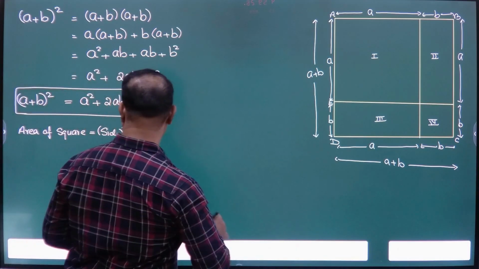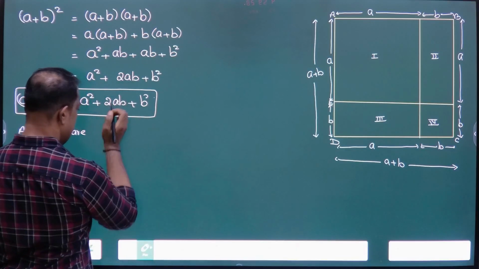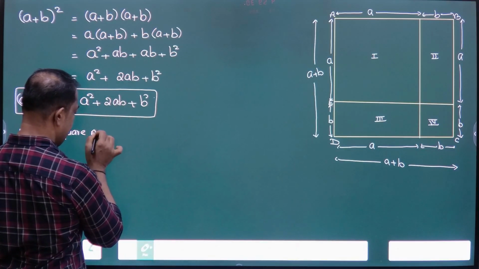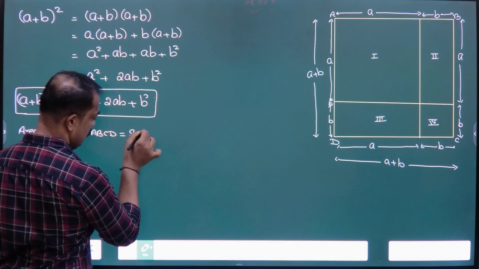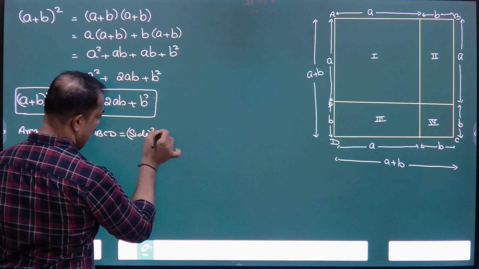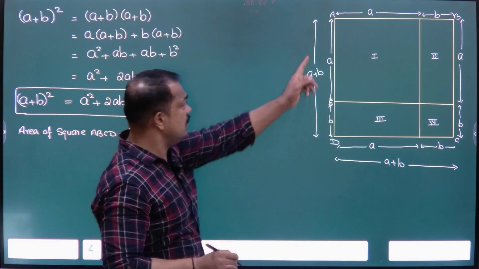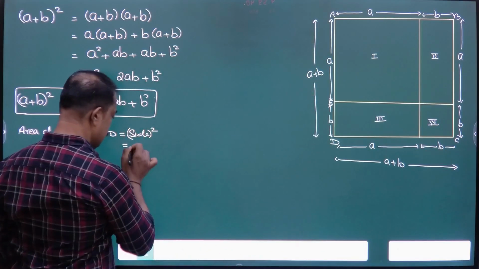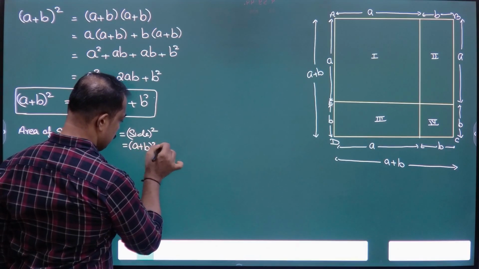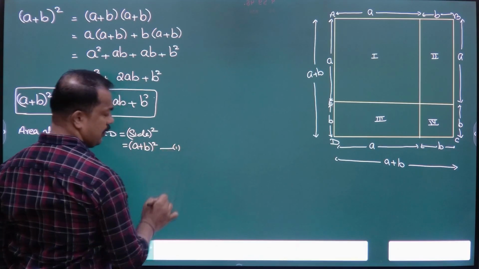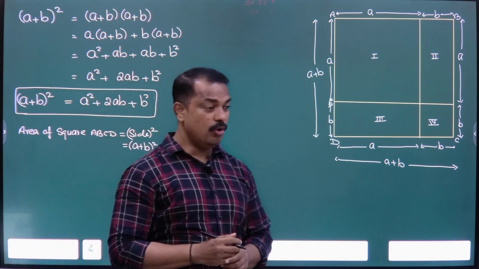And area of which square? ABCD. Area of the square is equal to, and what is the length of the side here? A plus B. So this A plus B whole square. ठीक है? A plus B whole square.